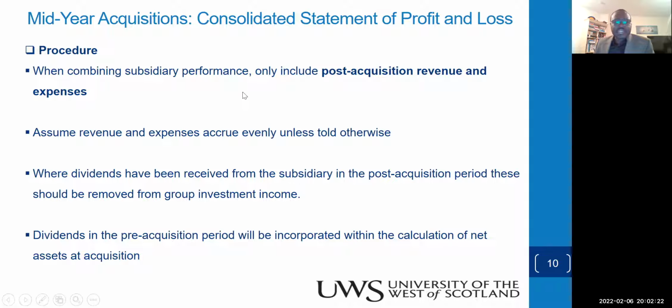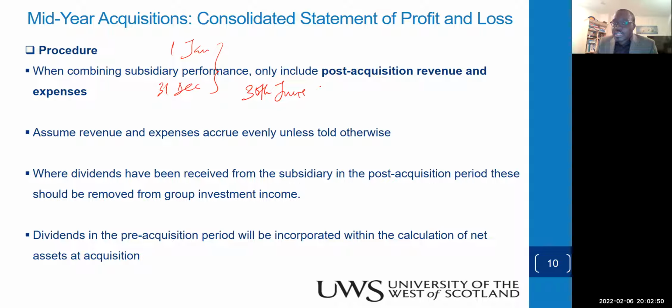Now, when combining subsidiary performance, you must only include the post-acquisition revenue and expenses. So I acquired this, the company was already in existence. Let's say the year end is 31st December, so it starts from 1st January, and then sometime on 30th June I come in to acquire the company.